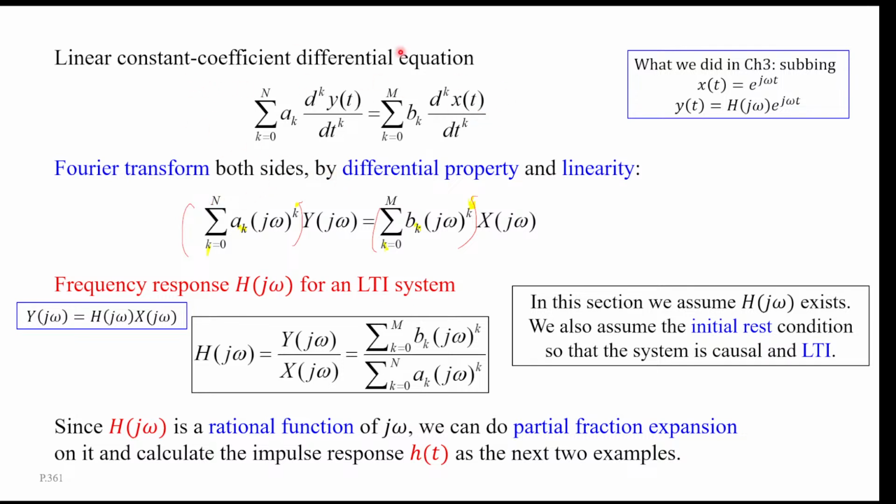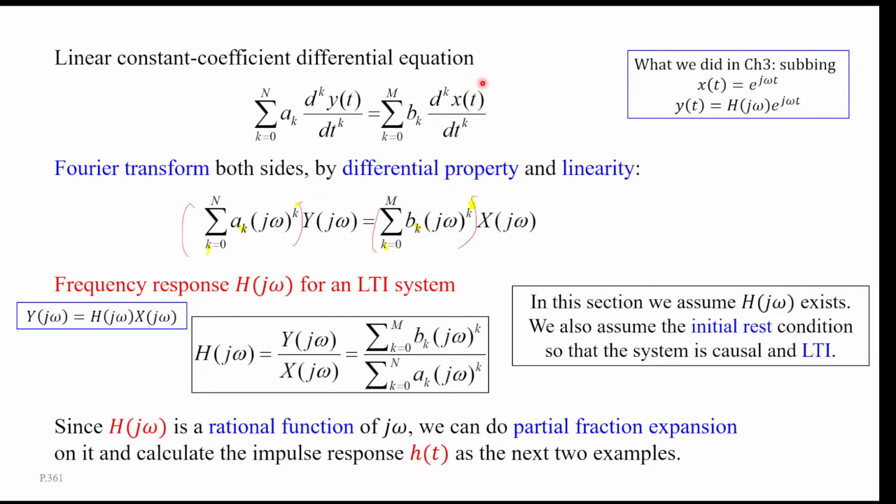Here is the equation from the previous chapter: the summation over k of a_k d^k y over dt^k, this linear combination of differentiations on y, equals the summation over k of b_k d^k x over dt^k, a linear combination of differentiations on x.